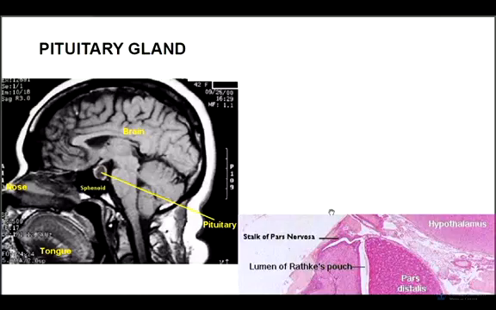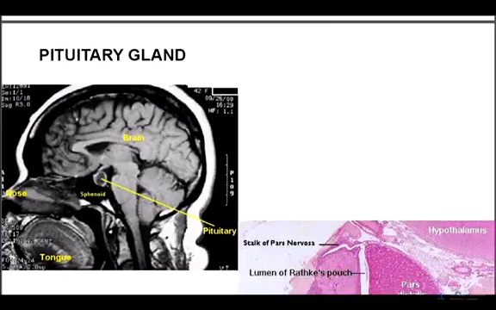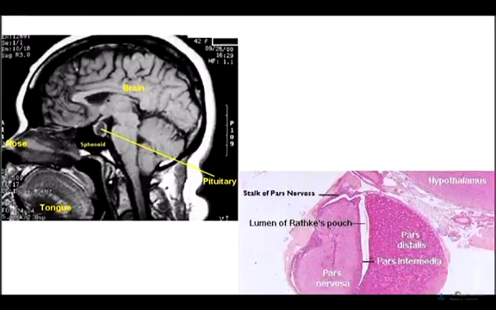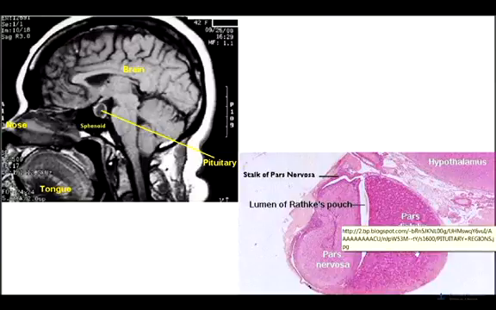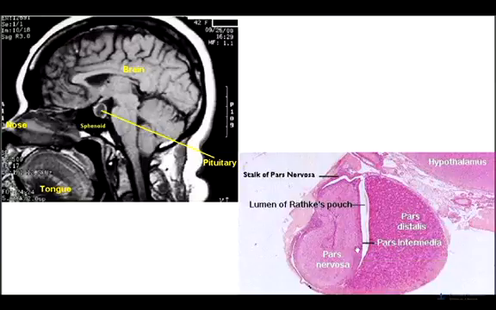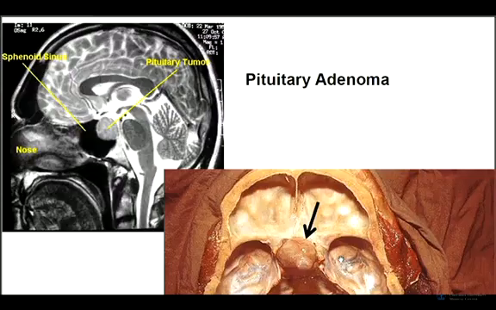All right, pituitary, the anterior and posterior lobes, located in the sella turcica, right here. Remember, the most darkly stained colored area is the anterior lobe. The pars distalis and the pars nervosa is the closest that looks like nerve tissue.